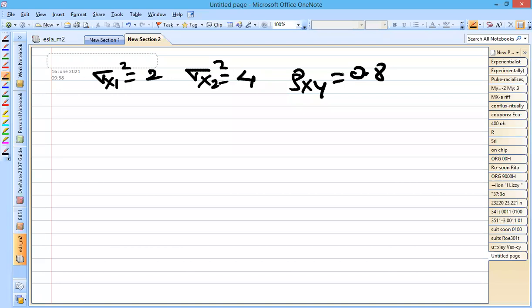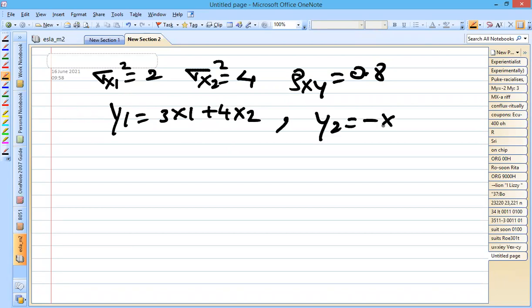Once you are given the problem, first note down all the given parameters. Then y1 is obtained from 3x1 plus 4x2 and y2 is obtained from minus x1 plus 2x2. Given this, we are asked to calculate three parameters: one is the covariance and the other two are the variances of the variables y1 and y2.